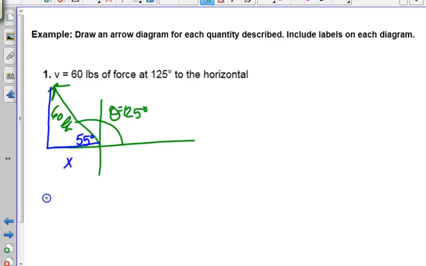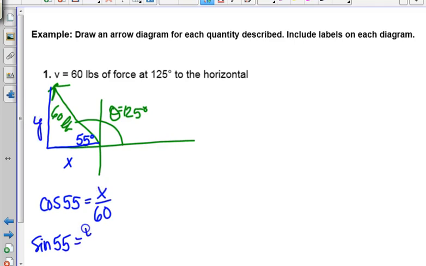So to find this x, we could do cosine of 55 equals adjacent over hypotenuse, and then the sine of 55 equals the y value here over the hypotenuse. There's a reason I'm not going to do it that way. These values are both going to be positive. Okay? Do I want x and y to be positive in this quadrant?